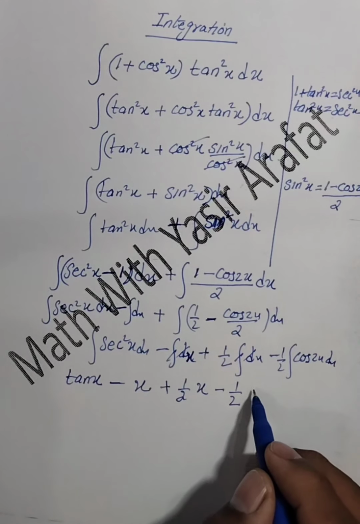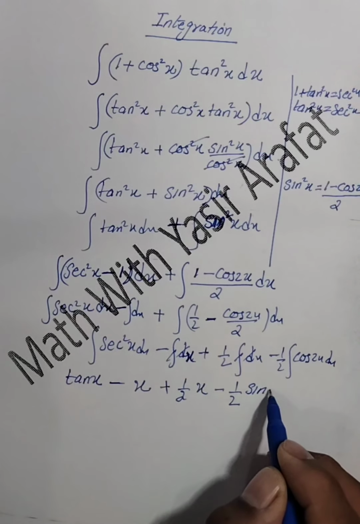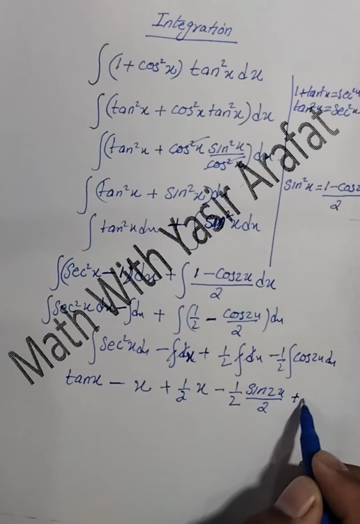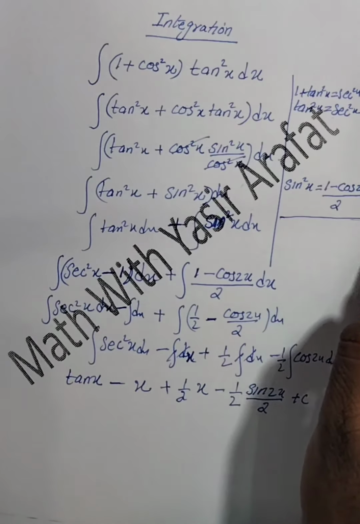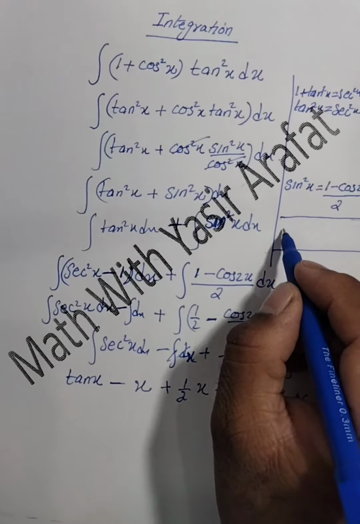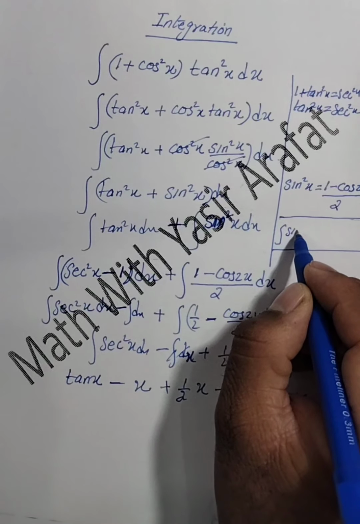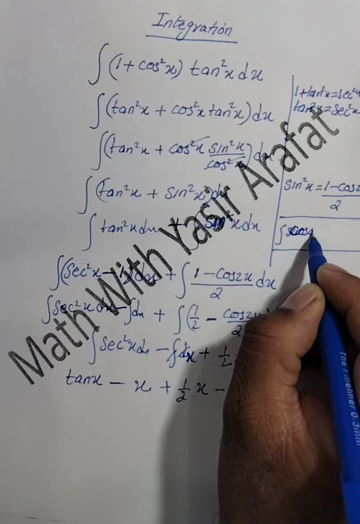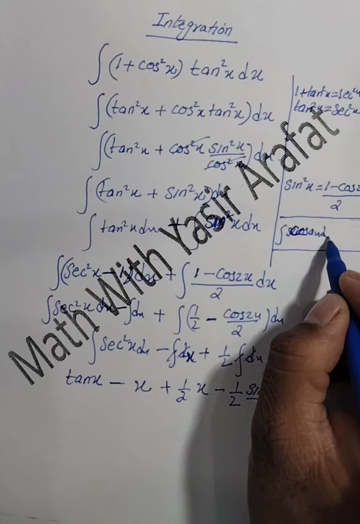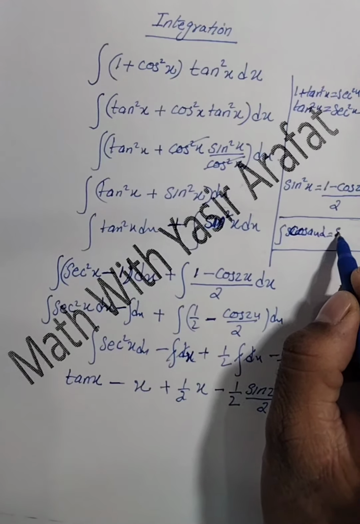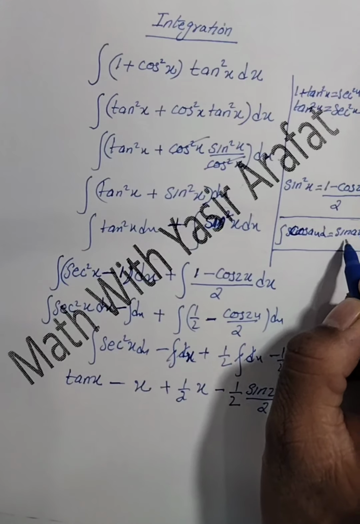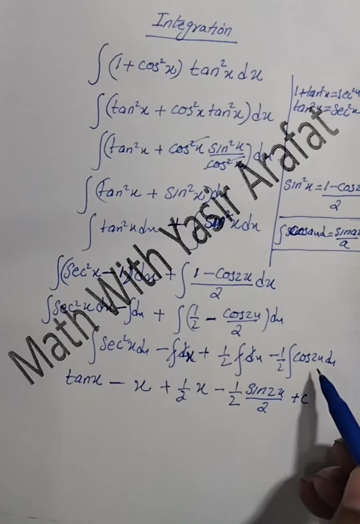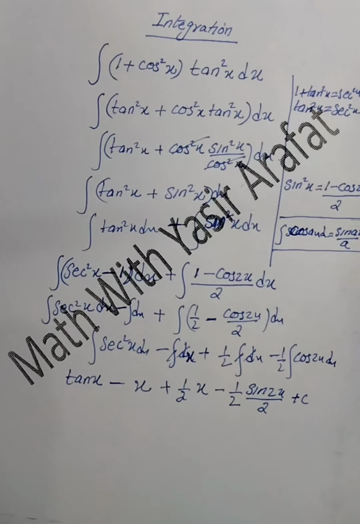The integration of cos 2x is sin 2x over 2 plus c, because we have a formula: the integral of cos ax dx equals sin ax divided by a. Here a means 2, so we divide by 2.